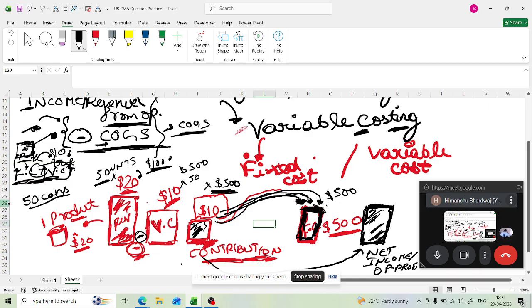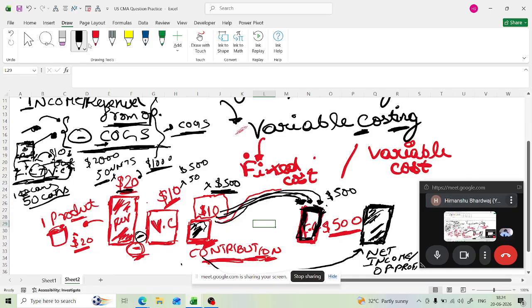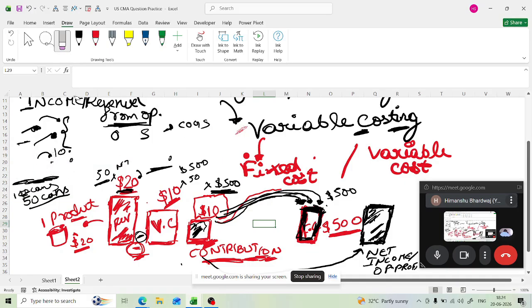So let's increase our numbers. Let's say right now I am selling 100 cans. So my revenue is $2,000, multiplying 100 with my $20 selling price. Let me erase a few of the things. It looks really messy.